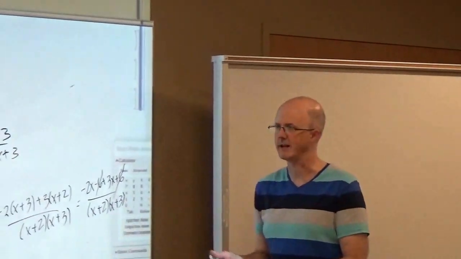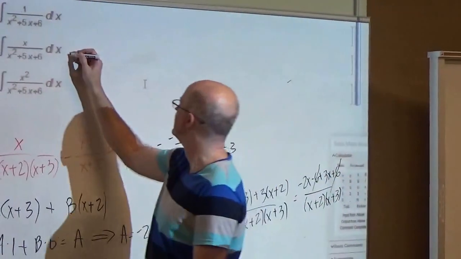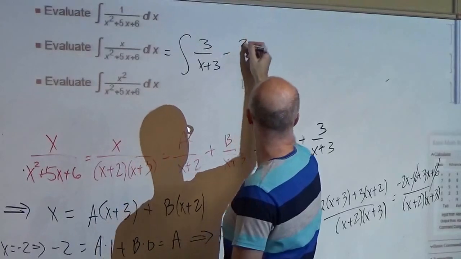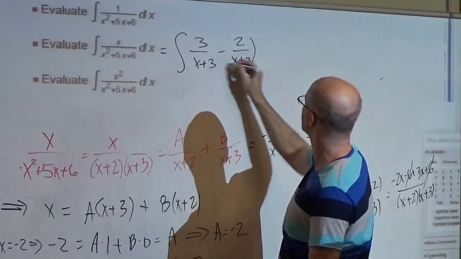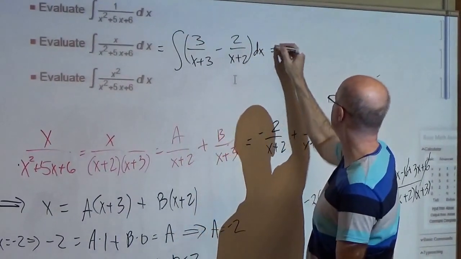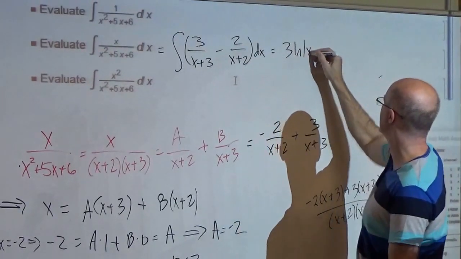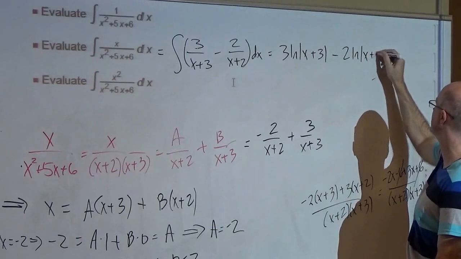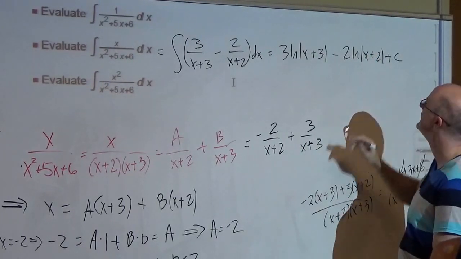I don't have to keep writing here. So this integral becomes, let's write it this way. That integral, which will be 3 natural log of the absolute value of x plus 3 minus 2 times the natural log of the absolute value of x plus 2 plus c.